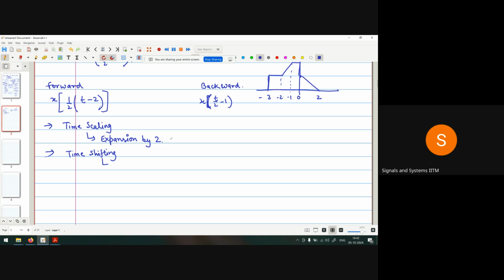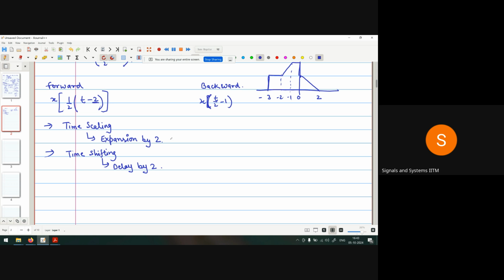How much shifting is that and which type of shifting is that? In the forward approach, it is time shifting, a delay by 2.